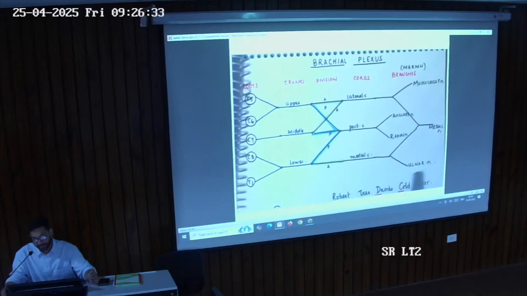Each of the three trunks gives an anterior division and a posterior division. The anterior divisions of the upper trunk and the middle trunk form the lateral cord.